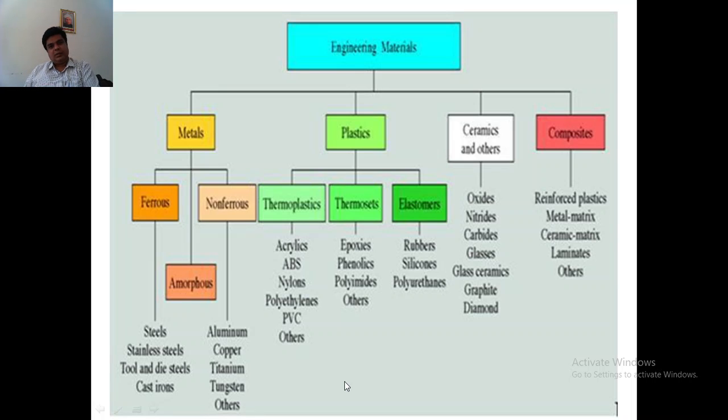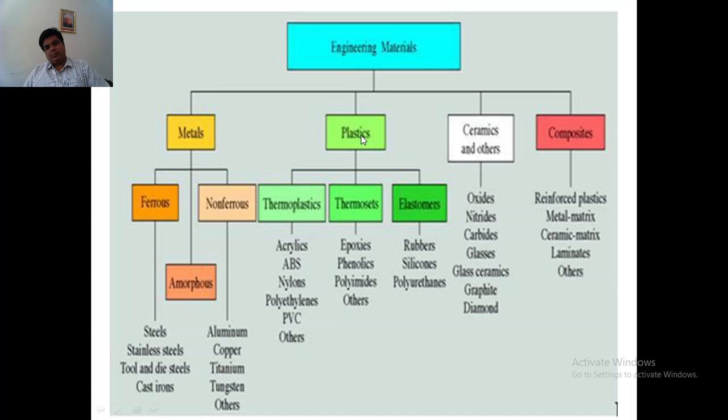In engineering also we use these materials because they have different properties and characteristics, and depending on each material's characteristics, they are applied to different applications in engineering. For example, silicon, germanium and others are used in electronic components, whereas mild steel, cast iron and similar materials are used in mechanical components.